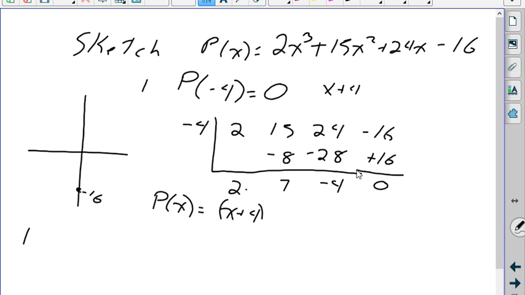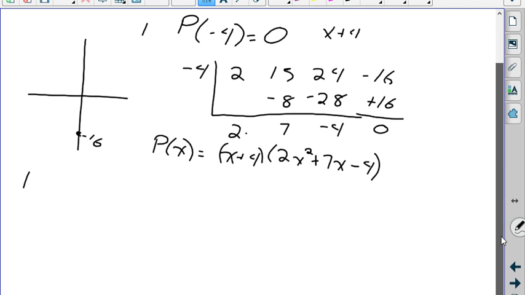The factor x plus 4 is our divisor, and our quotient is 2x squared plus 7x minus 4. Now, I know the answer to this, so it's not a big issue. You are either going to have to do the explosion method or trial and error.